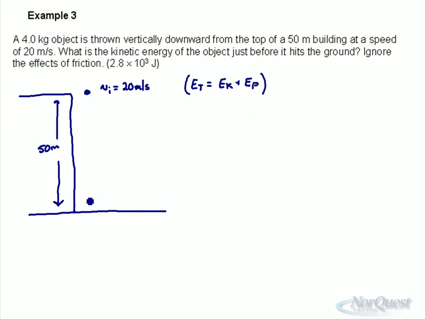Think about it just before it hits the ground. Just before it hits the ground, it has some final velocity which will be greater than 20 meters per second. But think about its total energy. The total energy in this case would be all kinetic.